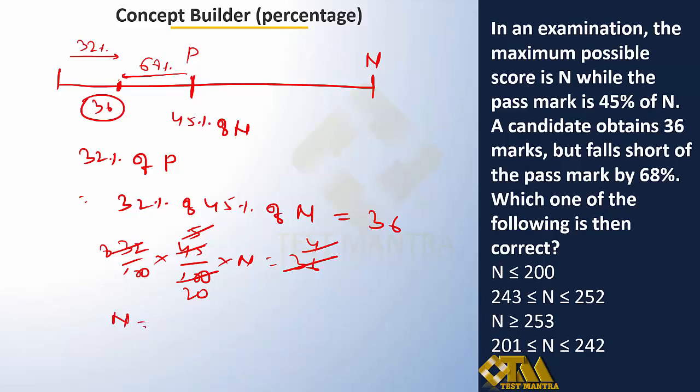So n value is nothing but 2000 by 8, which is nothing but 250. So the maximum mark is supposed to be 250. It should lie between 243 and 252, right? Basic calculation part.